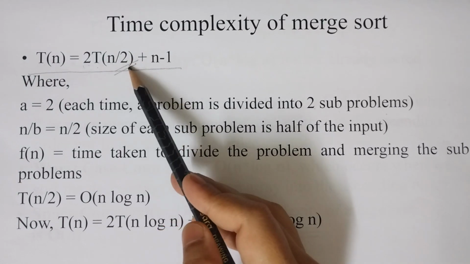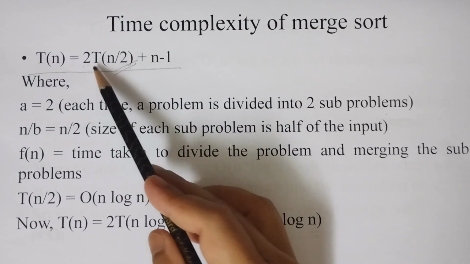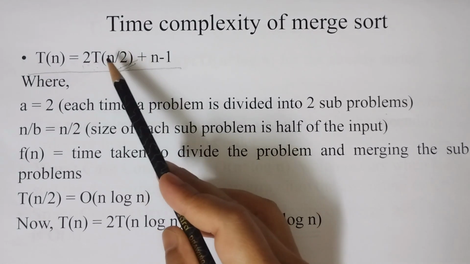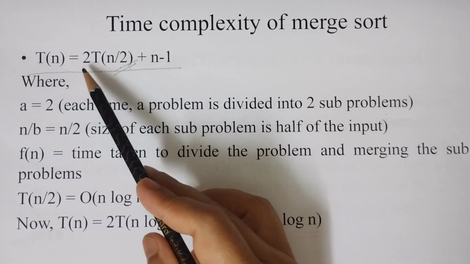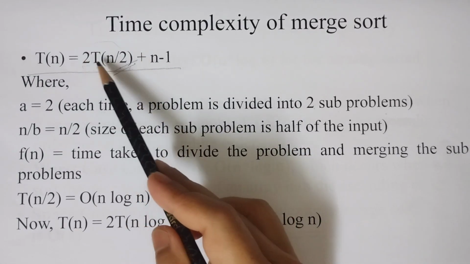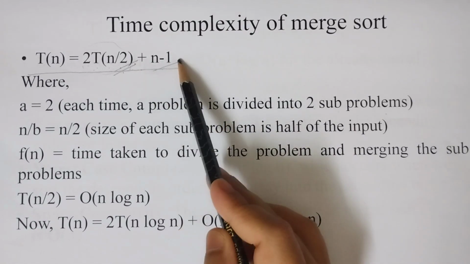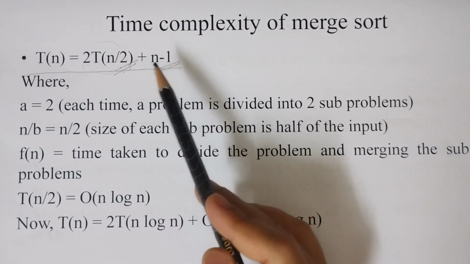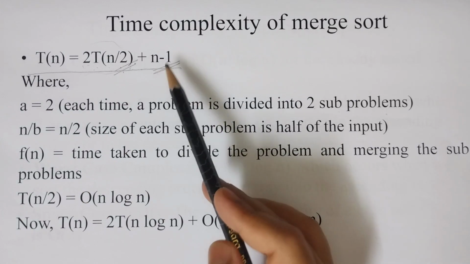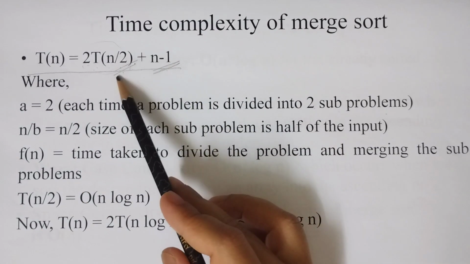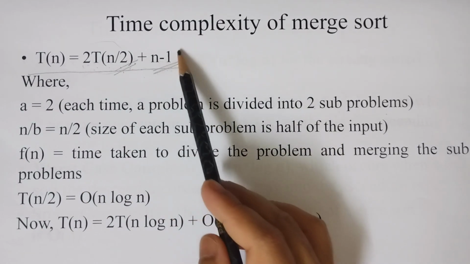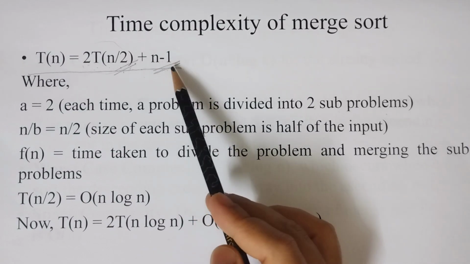So n divided by 2. So the time taken to solve the n problem divided into n divided by 2 is given as 2 into T of n divided by 2. Plus here n minus 1 is the time taken to merge the subproblems. We are comparing and merging the subproblems, right? So that will happen in time n minus 1.